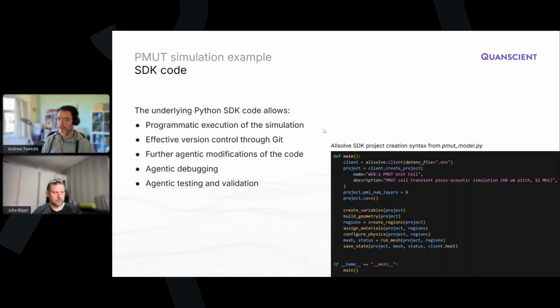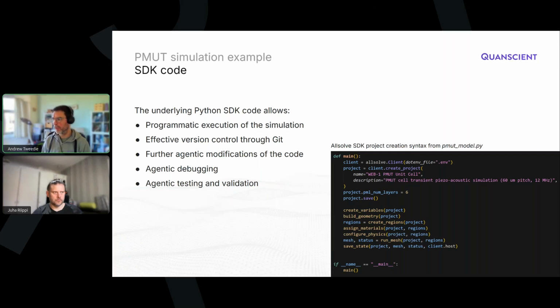And what's really nice is that we can do further work on this model using agents. So we could use an agent to debug the model if we notice problems, and we could ask an agent to provide additional test scenarios in order to gain confidence in the robustness of the simulation and the accuracy of it.